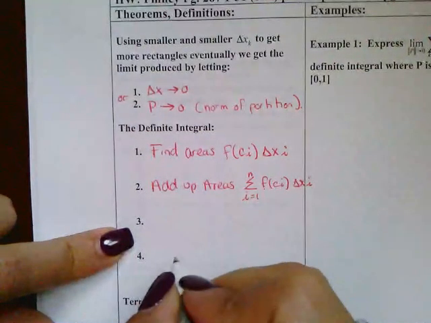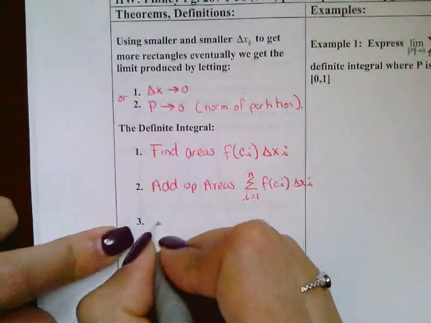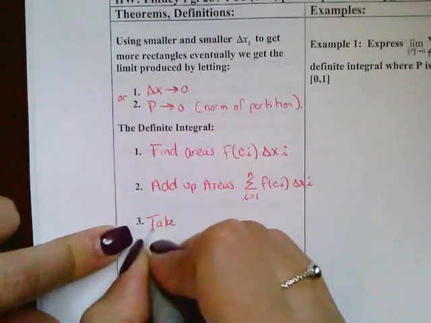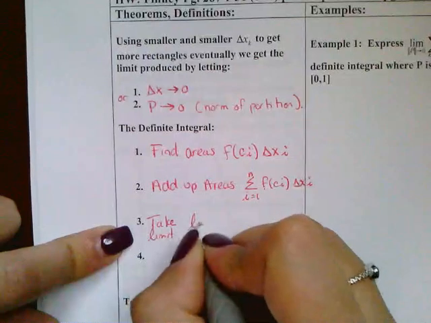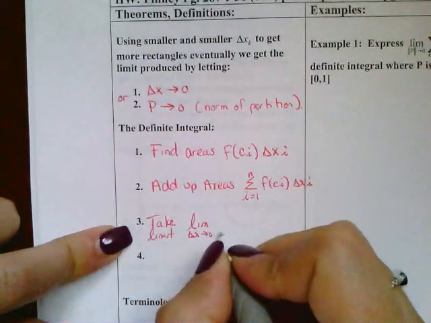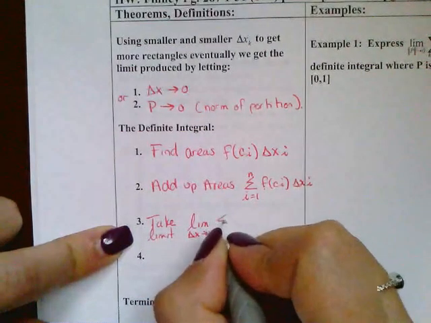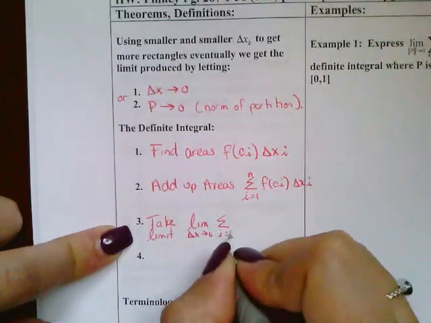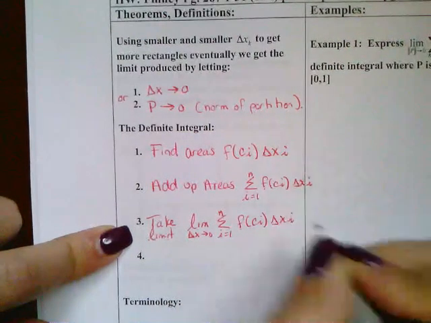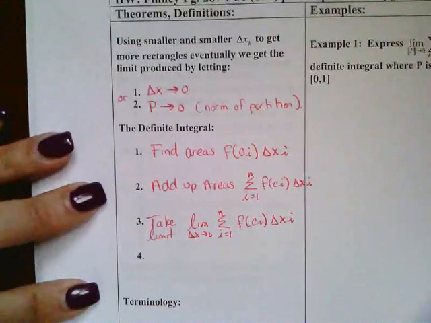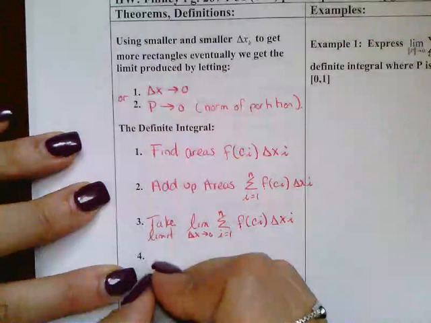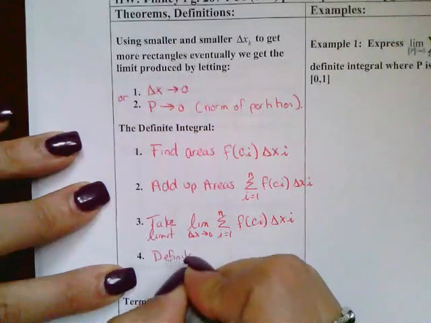Now, one more step for the Riemann sum is you take the limit, which is the limit as change of x approaches 0 of the sum from i equals 1 to n of f of ci times change of xi. And now this and step 4, which is the definite integral, are equal.